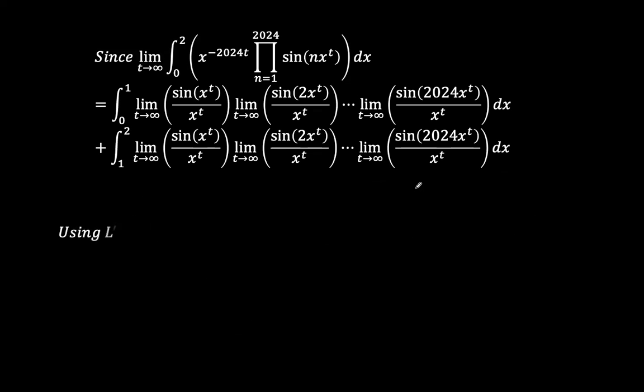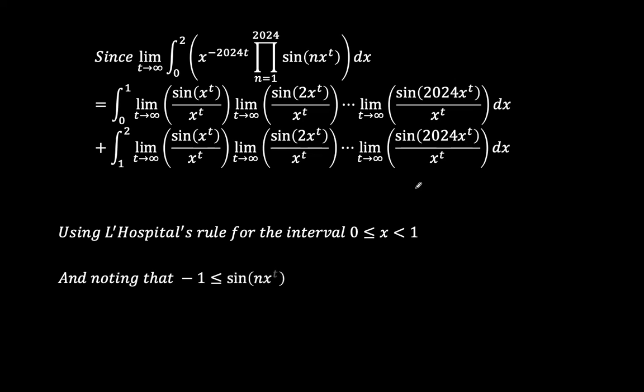So since this is our integral, and as we said, using L'Hopital's rule for the interval when x is between 0 and 1, and also noting that n could be 1, it could be 2, it could be 2024, and that this function oscillates between -1 and 1, yet x to the power t tends to infinity in the lower interval 1 to 2, we're just going to simplify things.